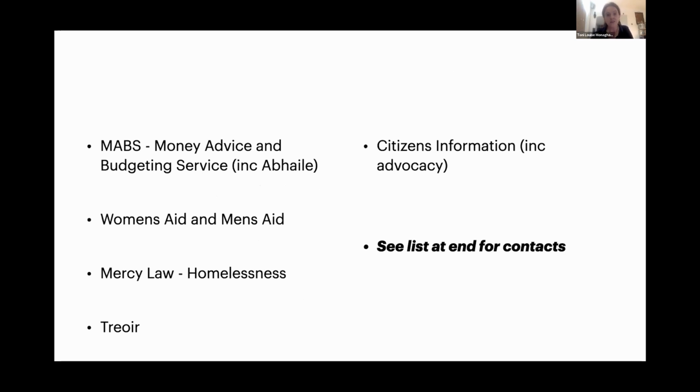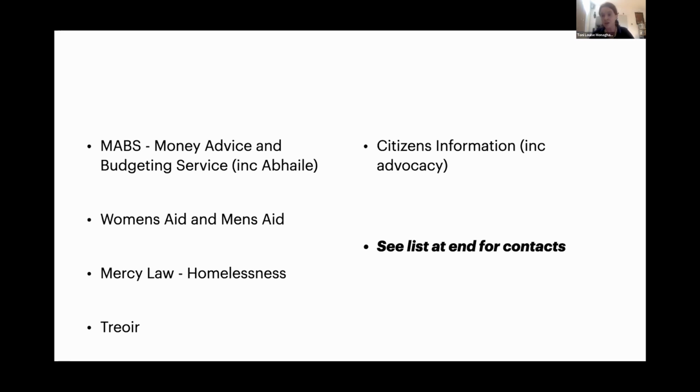So MABS, the Money and Advice Budgeting Service, are an absolutely excellent resource for providing support for clients in any kind of debt situation, whether it's arrears on their mortgage or arrears on a utility bill. They will help the client to budget and to do a financial statement.